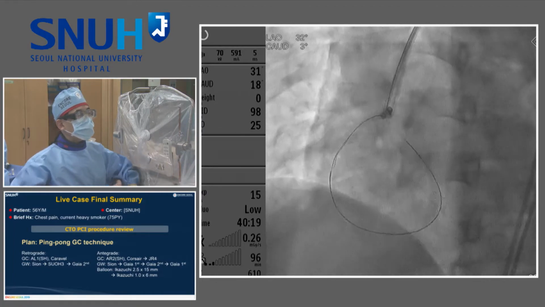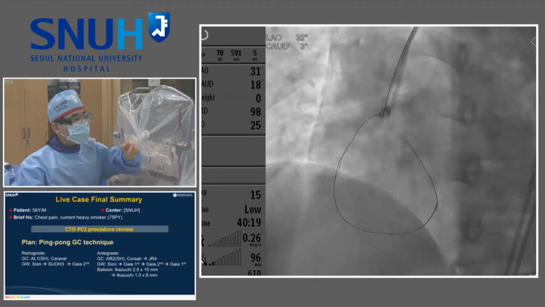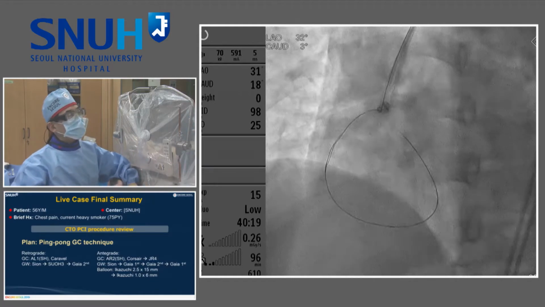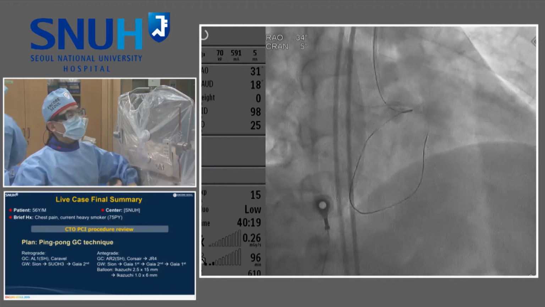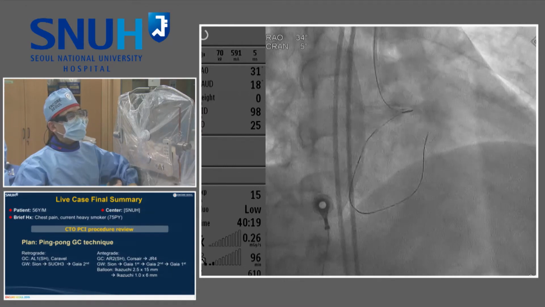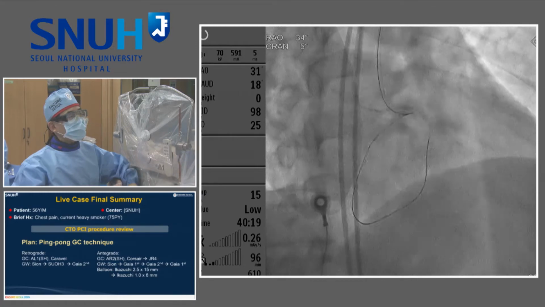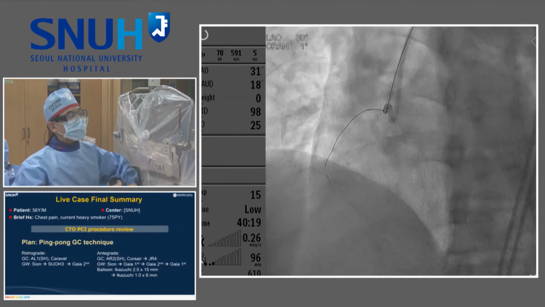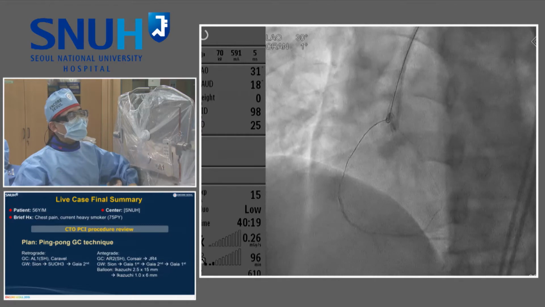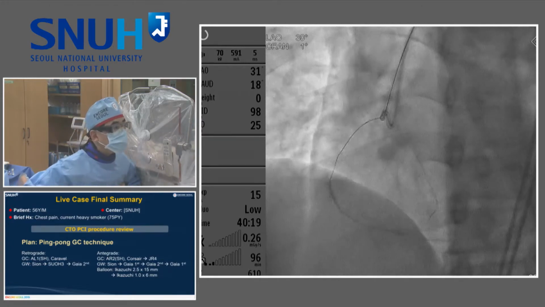So I tried to advance the ante-wire into the distal true lumen like this.